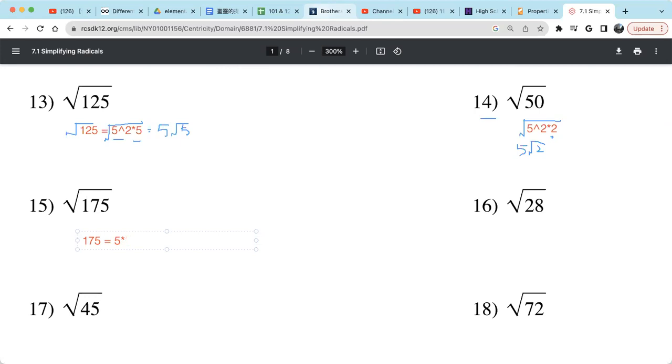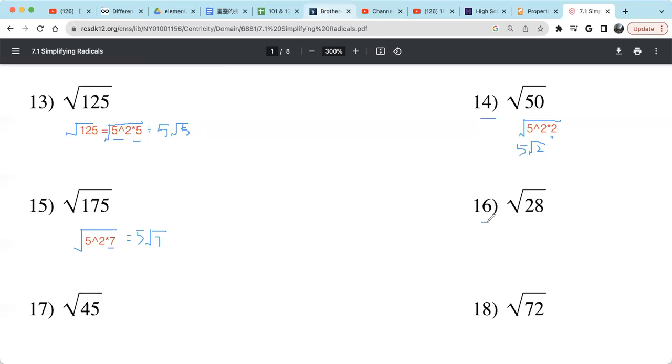And 35 is 5 times 7, which means 5 squared times 7. 25 times 7 is 175. So now we want to put it under the square root. Again, the square root of 5 squared just becomes 5, but the 7 stays inside the square root.